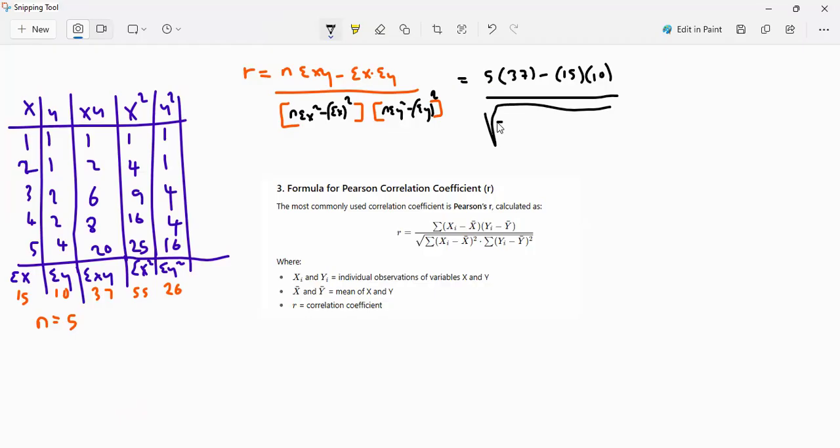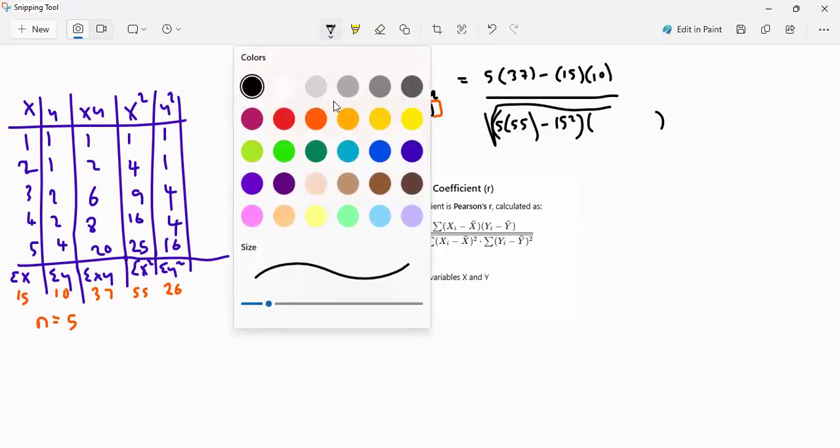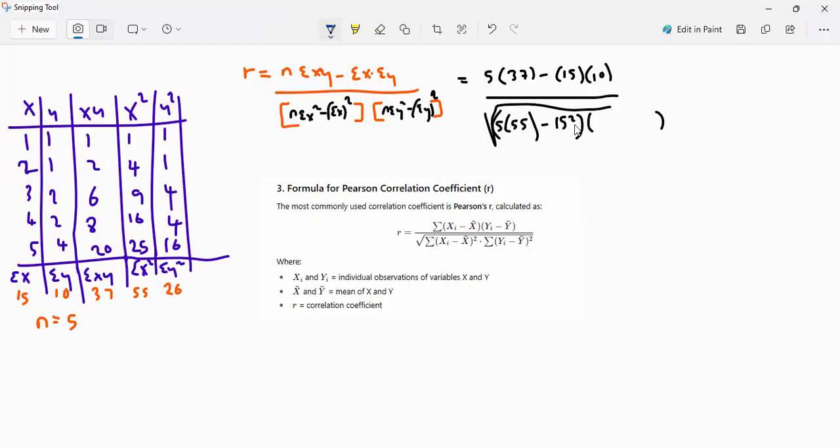All right, then here the variation in x, what is summation of x squared? 55, minus summation of x squared, 15 squared. So that is for the variation in x. That's the variation in y: 5 times summation of y squared, 26, minus summation of y to the power 2, 10 to the power 2.